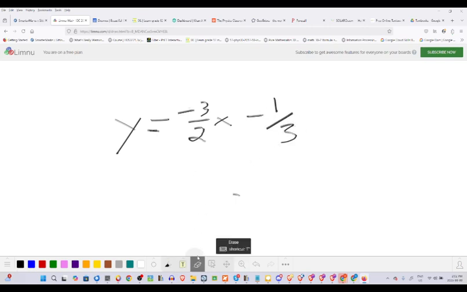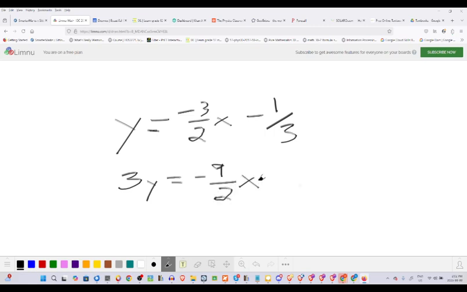All right. So the first thing we have to do is clear our denominators. If we don't immediately see that the least common multiple of all the denominators is 6, we just start with the biggest one. Multiply everything by 3. Again, if you see that it's 6, you could start multiplying by 6 in your first step and be done. For now, I'm just multiplying everything by 3.